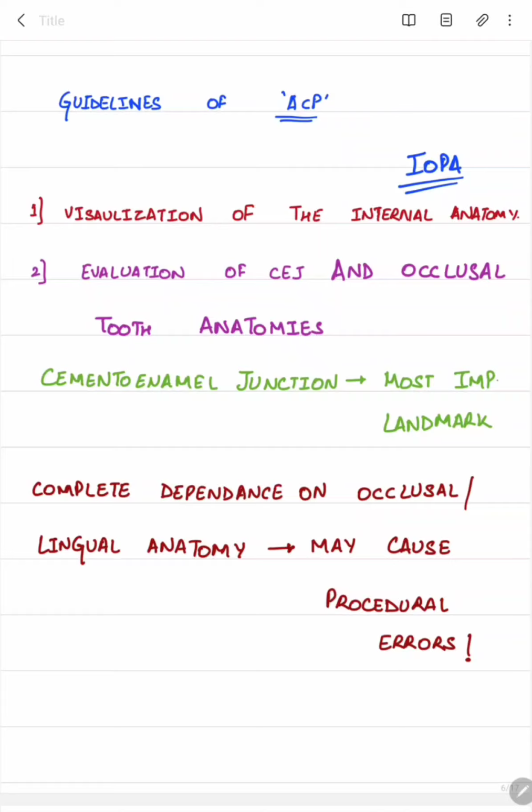So complete dependence on the occlusal or lingual anatomy may cause procedural errors such as perforations, right? So the cemento-enamel junction is considered the most important landmark while doing root canal treatment, or you can say the access cavity preparation.